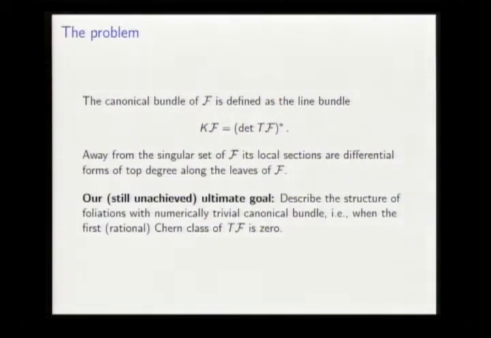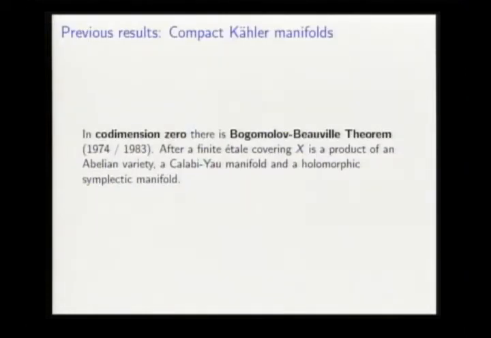Essentially, I'm assuming that this bundle is as close to trivial as topology can see. So I'm assuming that it's topologically trivial, essentially, up to finite index. Okay?